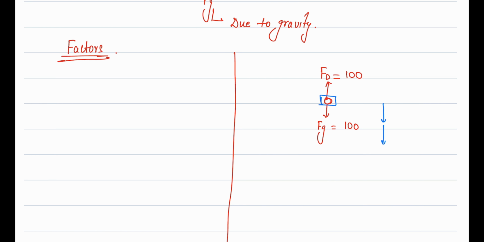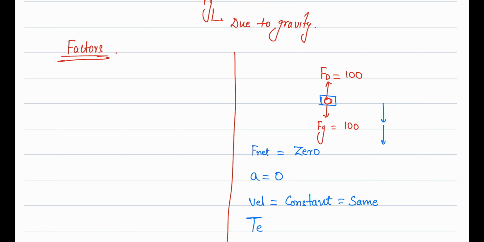It will go down. But there is a question. F net is 0. So if F net is 0, can I say acceleration is 0? Okay. So the third statement is velocity becomes constant. So what is the name of this velocity?